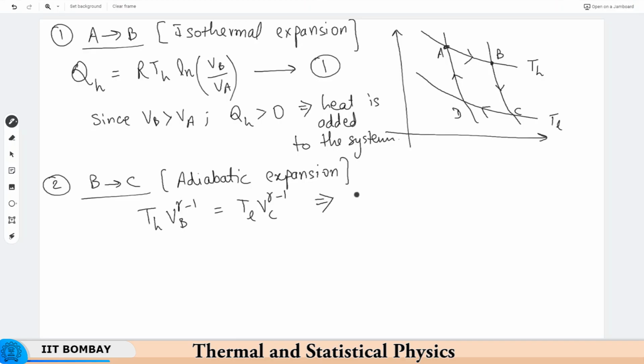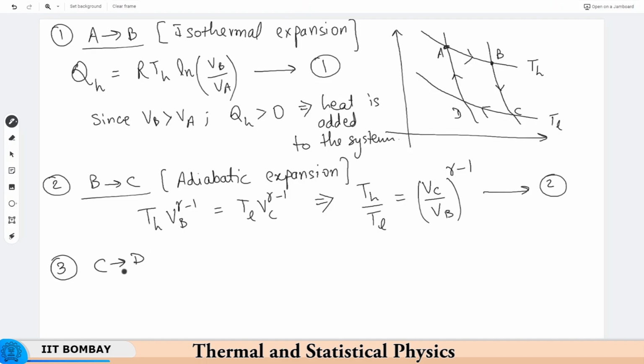This implies I can write the TH by TL ratio as VC by VB raised to the power gamma minus 1, and this is equation number 2.